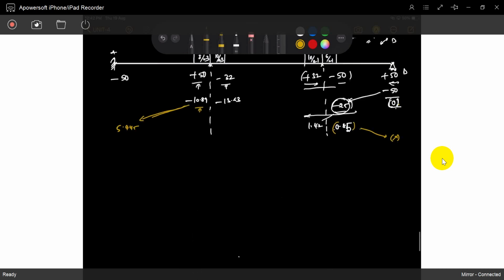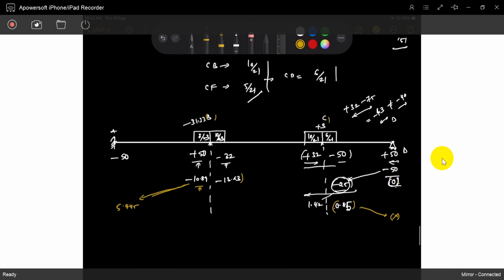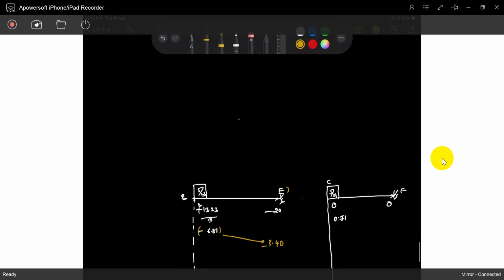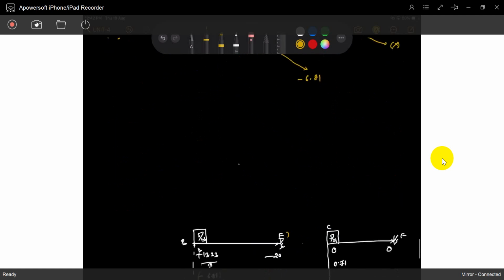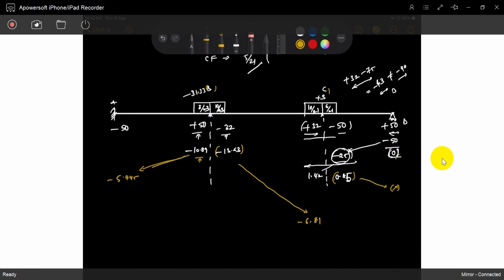Also for the BC part, you applied minus 13.63. Half will come, 13.63 divided by 2, 6.81. Exactly the same signs will come. That's joint B.